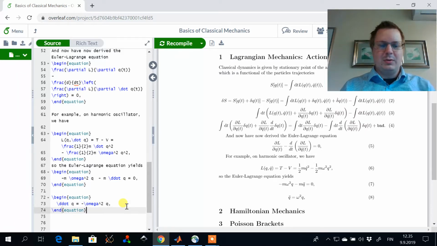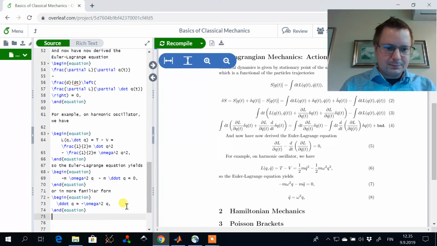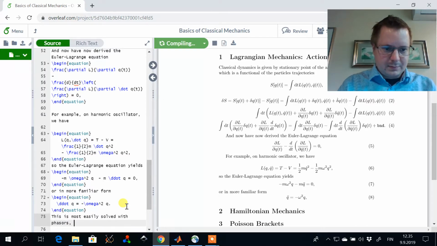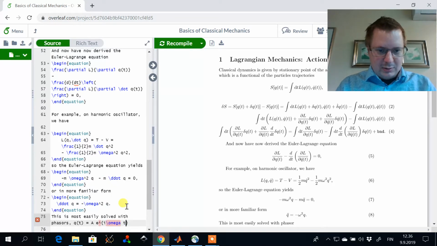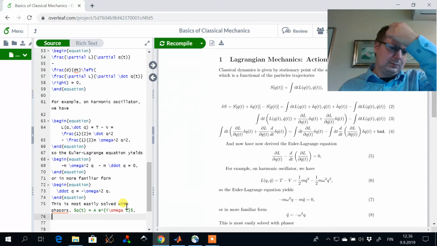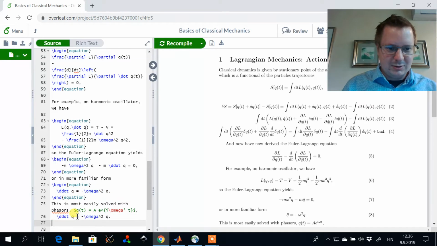And for example, we can solve this using phasors. So we substitute something like e to the power i omega t. I will just put a prime here, so we don't yet know that it will oscillate at frequency omega.